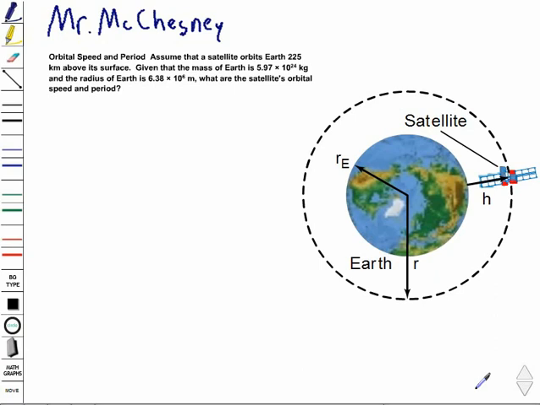So whenever we start these problems, what we want to do is write out what we know. So the first thing that we know is that the height above the Earth's surface of the satellite is 225 kilometers.